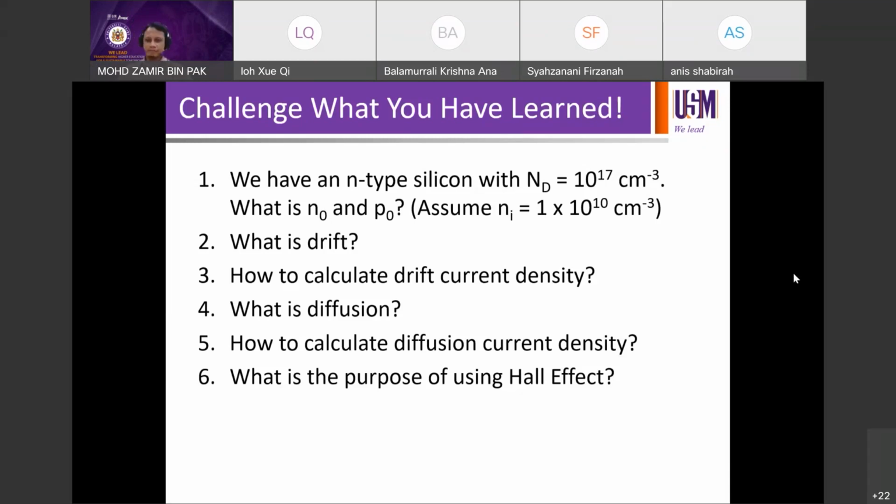Azam, can you summarize current density by an equation? Azam?